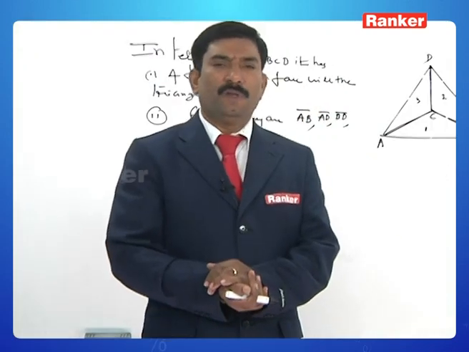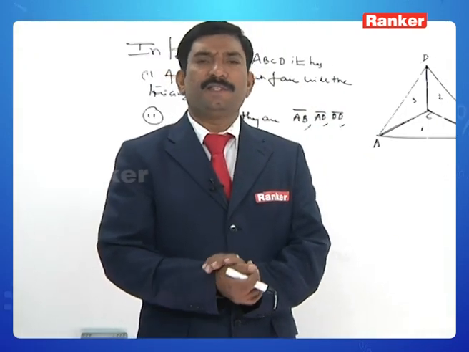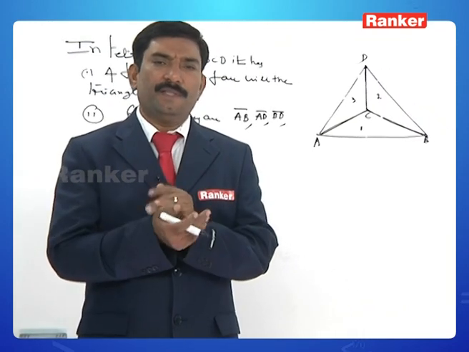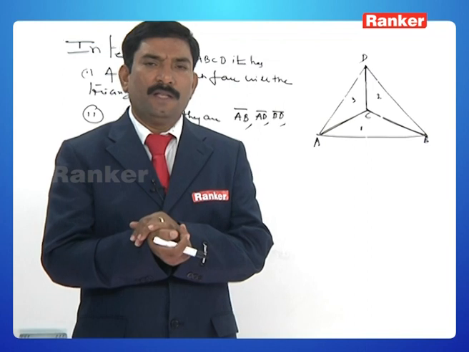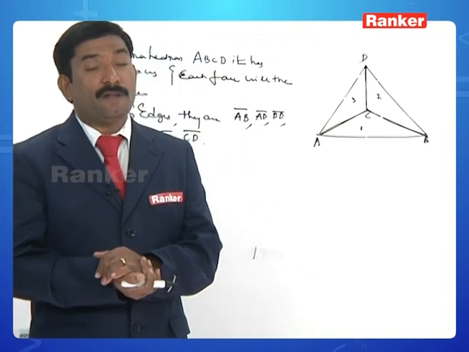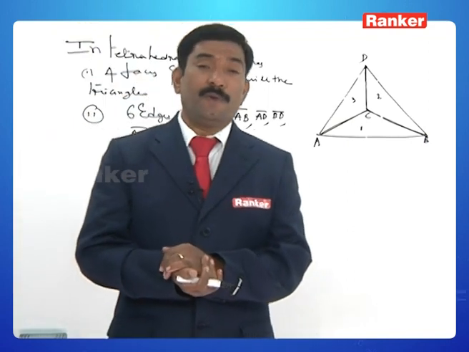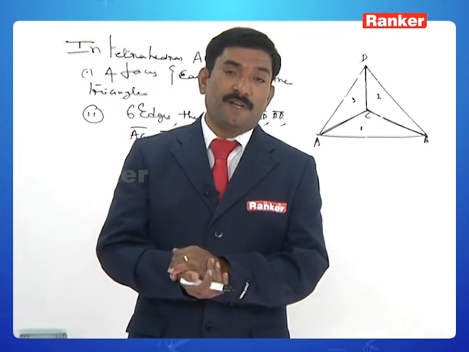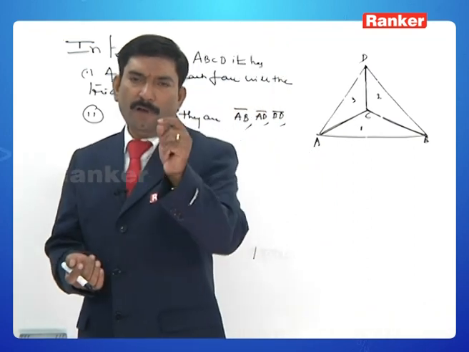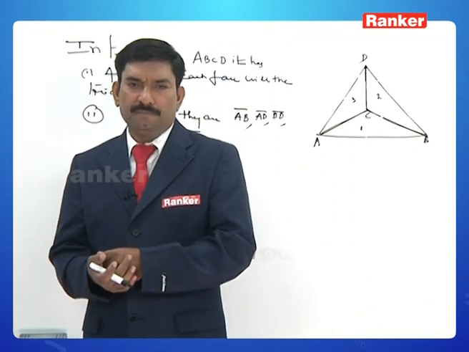So therefore, when it has 6 edges, 4 faces, and each face is a triangle, let us apply the concept of scalar triple product, box product, in finding the volume of a tetrahedron.